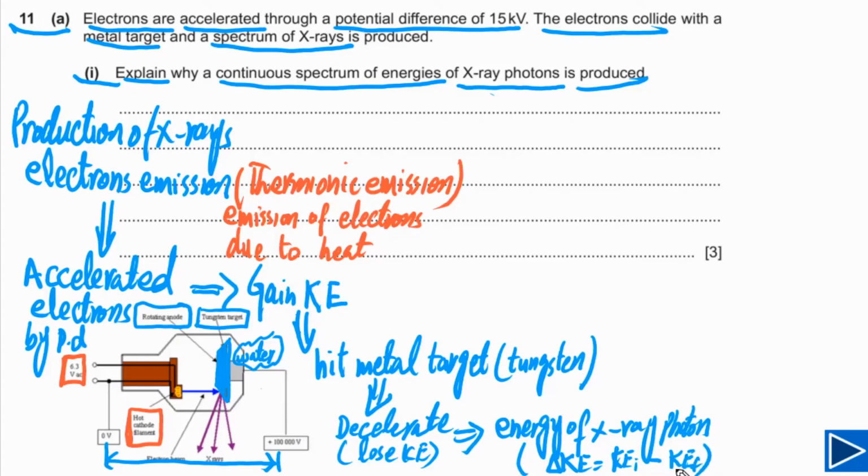The difference between the kinetic energies of the electron becomes the energy of the X-ray photon. So this is how X-ray photons are produced.